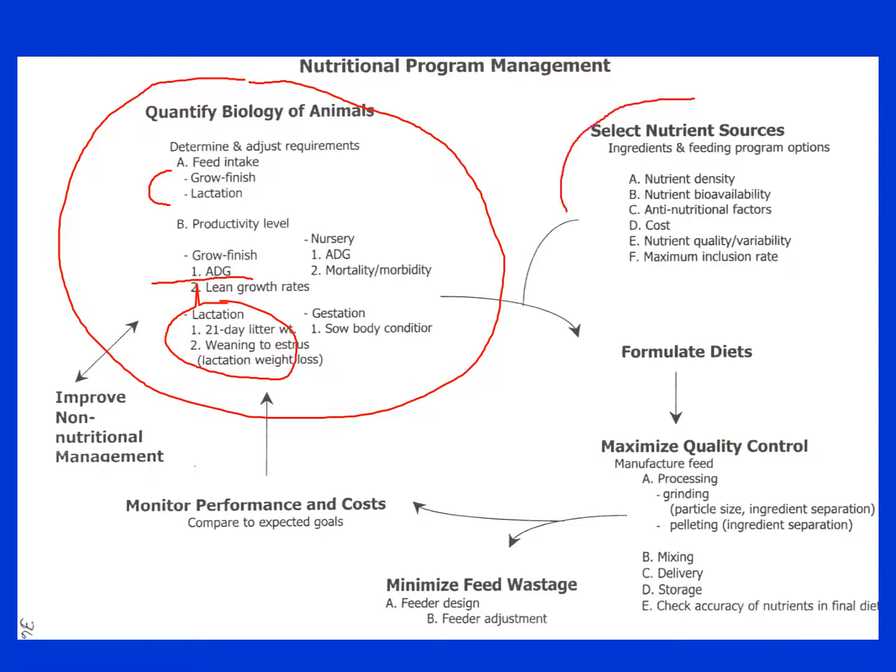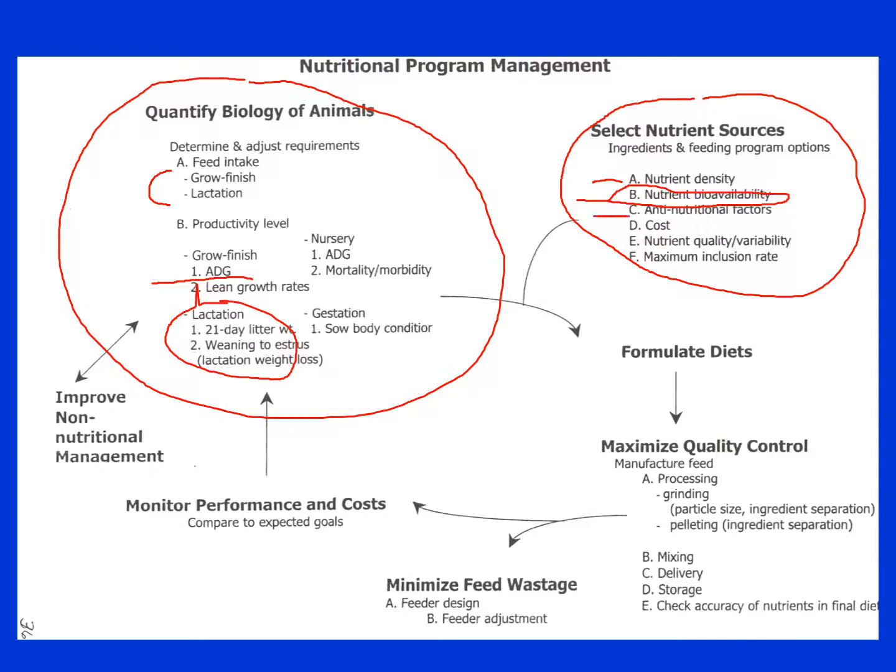Next, what are we going to feed our animals? And it is amazing all the different things that we feed animals. We need to evaluate those feedstuffs very carefully for amount of energy and what's going to be available to the animals. What's the digestibility?